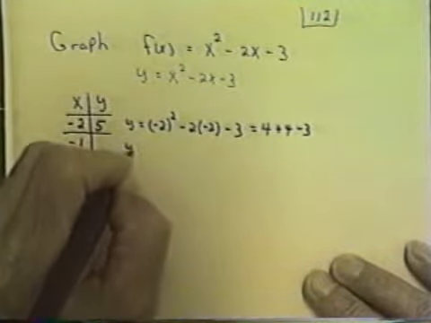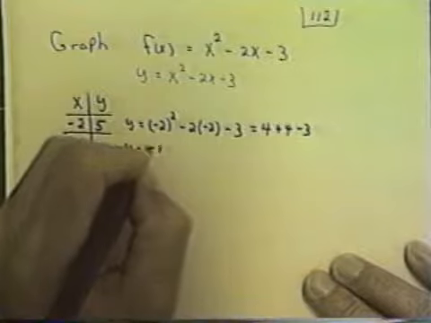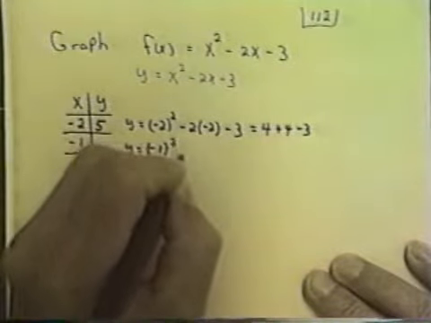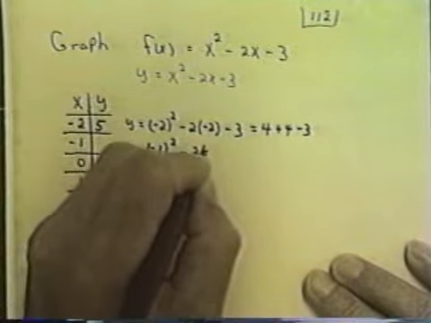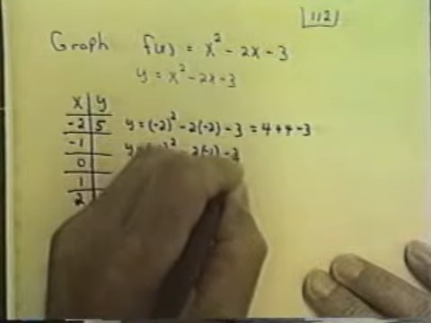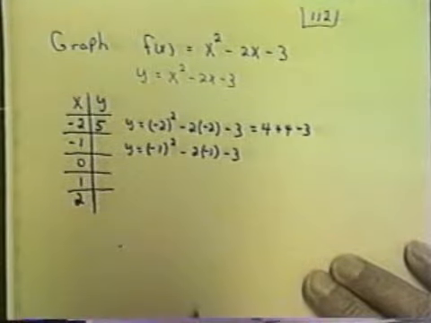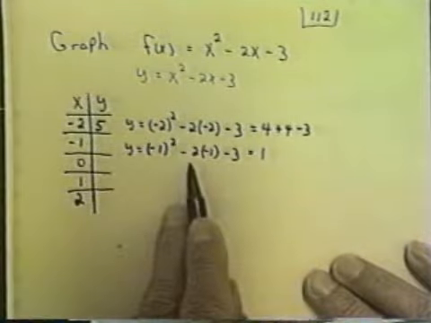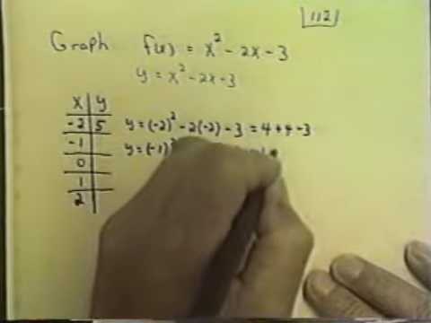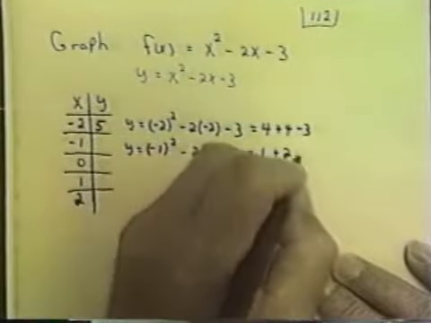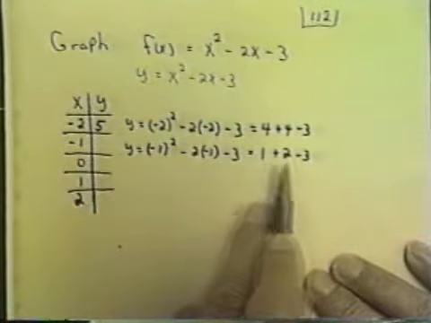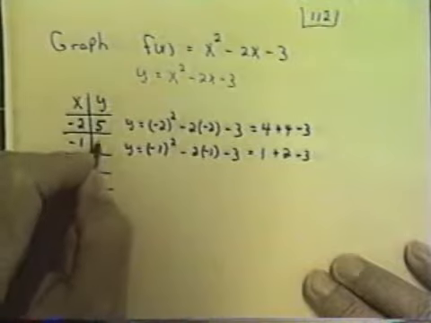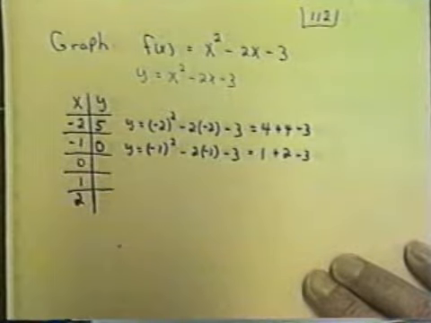Now here we have y is equal to a -1 squared minus 2 times a -1 minus 3. Now -1 squared is positive 1. A -2 times a -1 is a positive 2 minus 3. 1 plus 2 is 3. 3 minus 3 is 0.